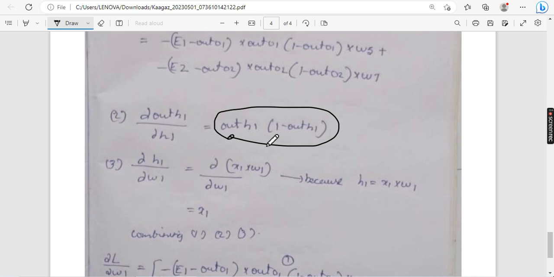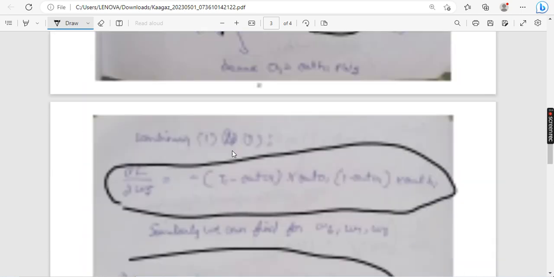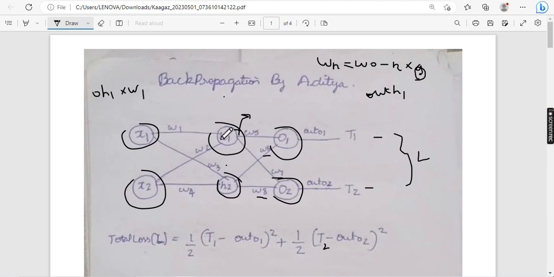And computing the next derivative, which is the third one, which is the differentiation of hidden layer 1 with respect to W1, right? With respect to the weight 1. So H1 can be written as, look at the diagram, H1 is here. H1 can be written as X1 into W1. I hope it makes sense, right?